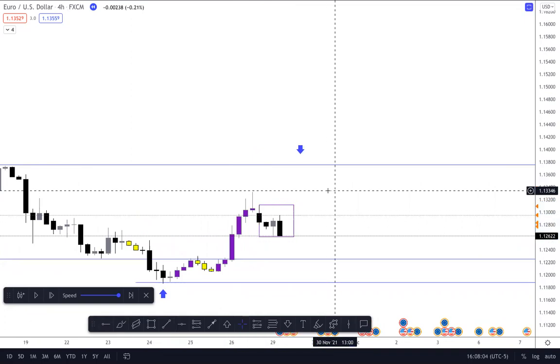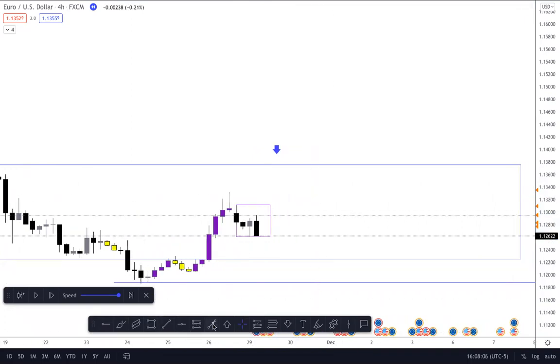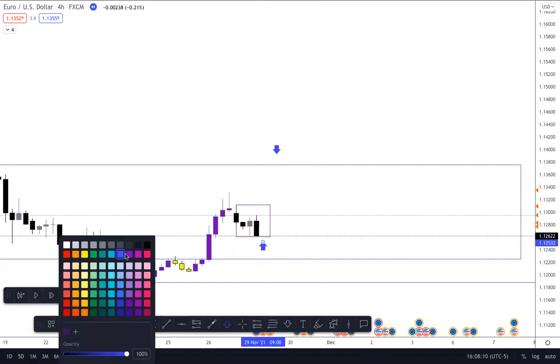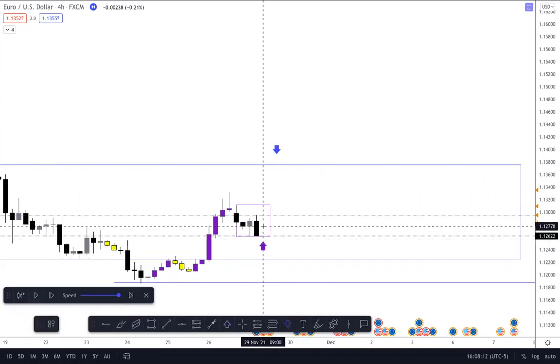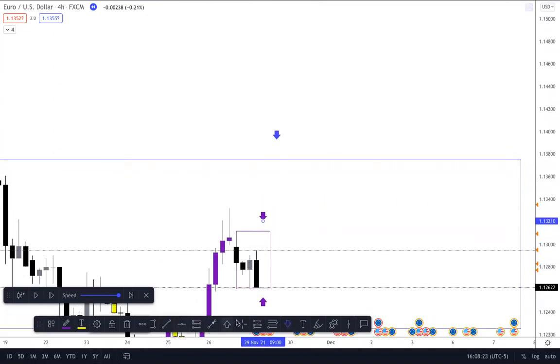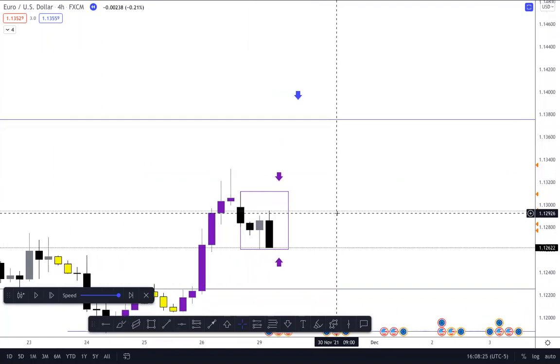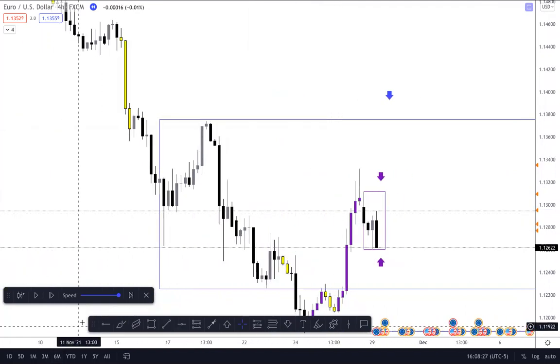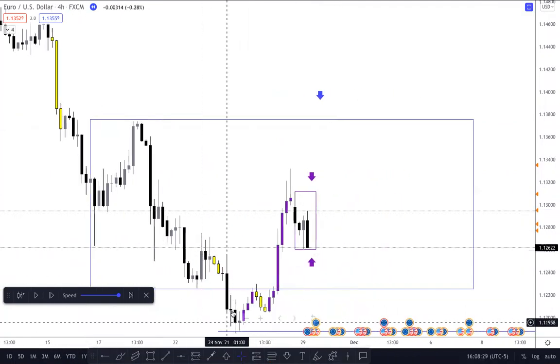We can clearly see that price needs to come manipulate these lows and or these highs for us to even consider buying or selling. Now, in this case, we can clearly see and know that we are in a bullish market, right?